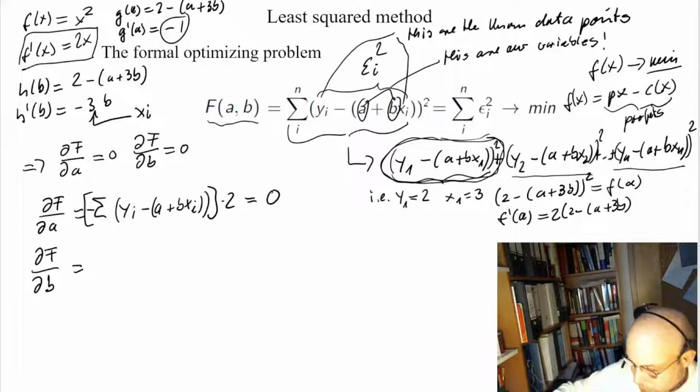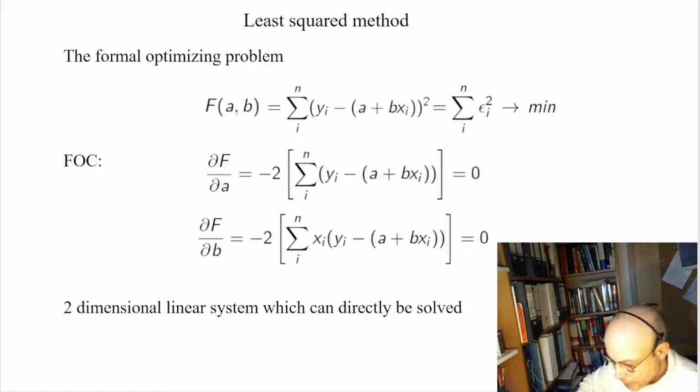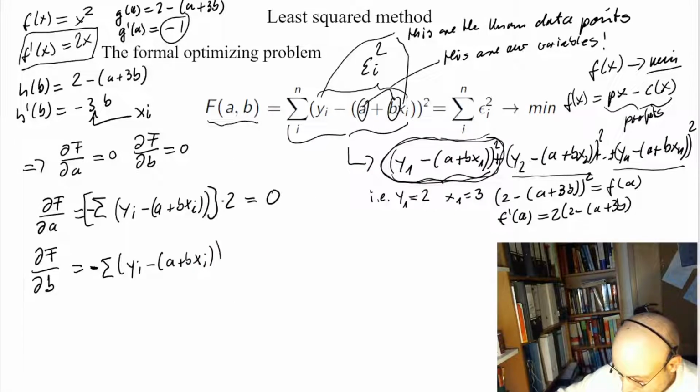So what we then obtain is again minus the sum of yi minus (a plus b xi), times xi and also times 2 equals 0.